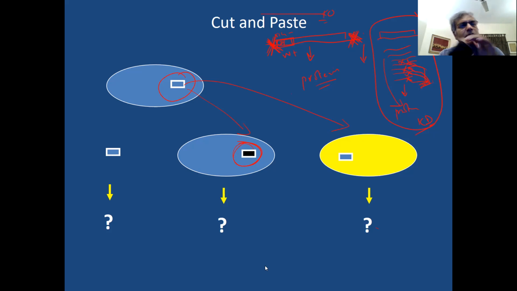So, sir, one thing I'm wondering right now is that in the knockdown pathway, the gene is intact, but the protein is getting diminished. The mRNA is getting degraded, and the protein expression is going down.